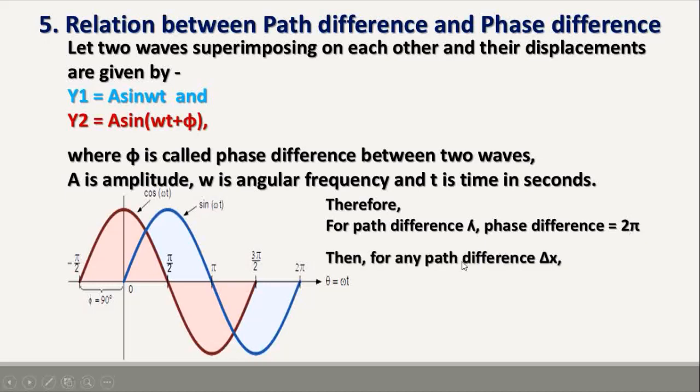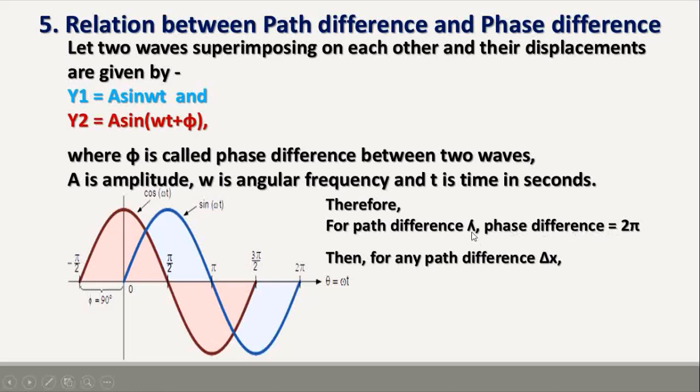But if I take any unknown value of path difference, then you must be able to find the phase difference equivalent to that value. You must have a formula so that whatever value I substitute, I get the appropriate and equivalent phase difference.